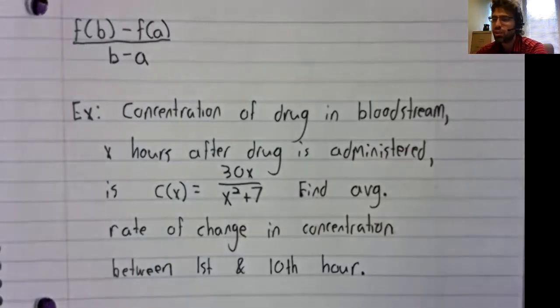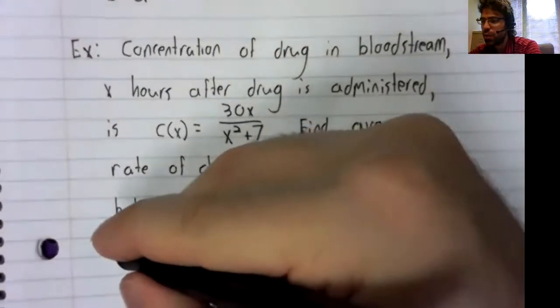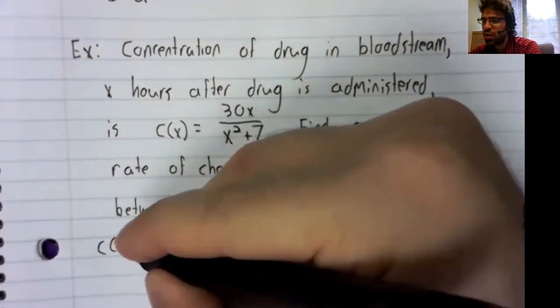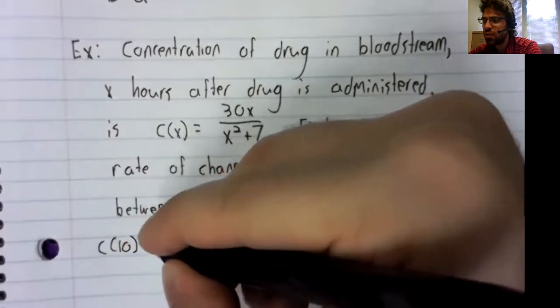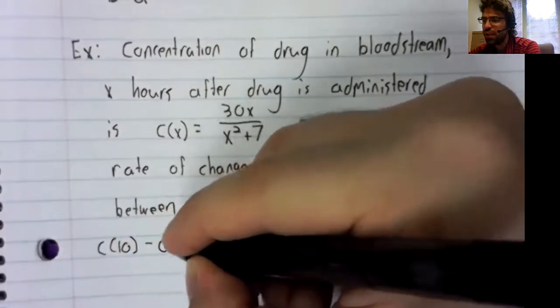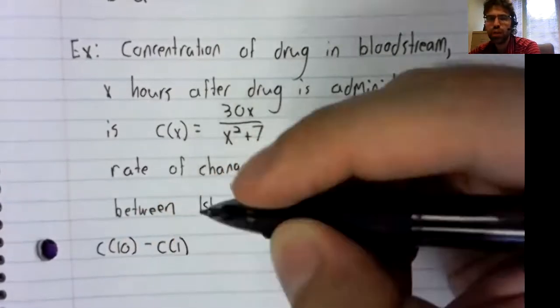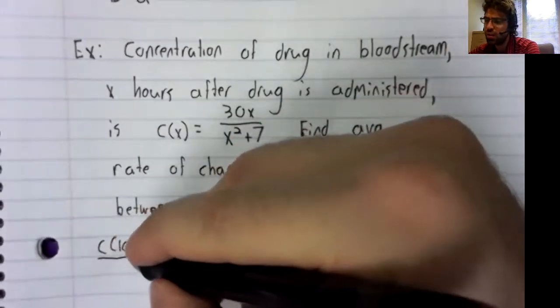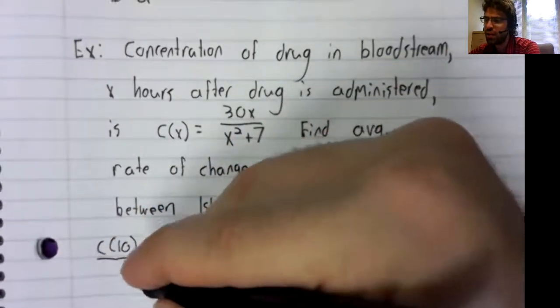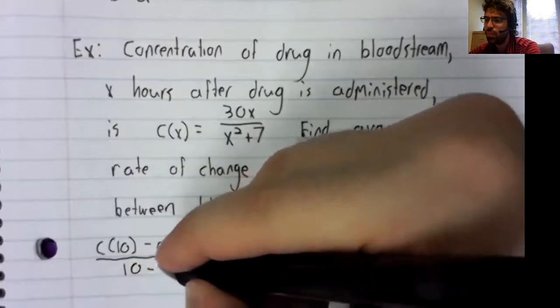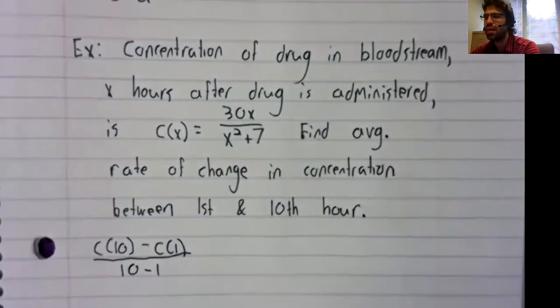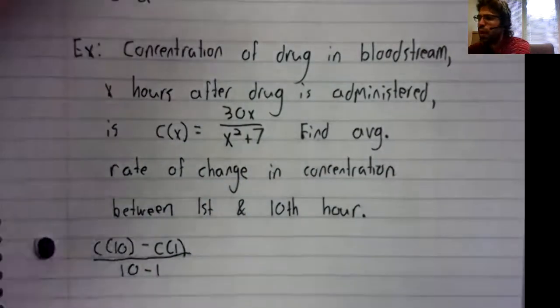Plug and play. We want C of 10 minus C of 1 divided by 10 minus 1.